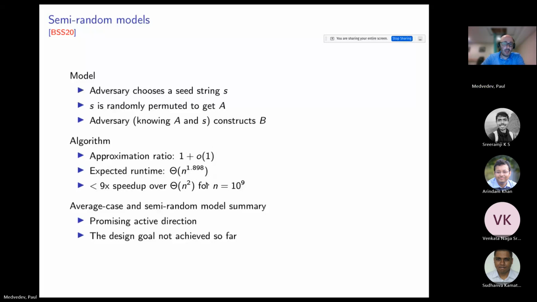But the expected runtime is strongly subquadratic, yes, but from a practical point of view, n^1.898 is not beating n squared by a lot. So even for a large n, this is less than a 9 times speedup. And as we mentioned, that really doesn't justify the complexity of trying to implement this algorithm.